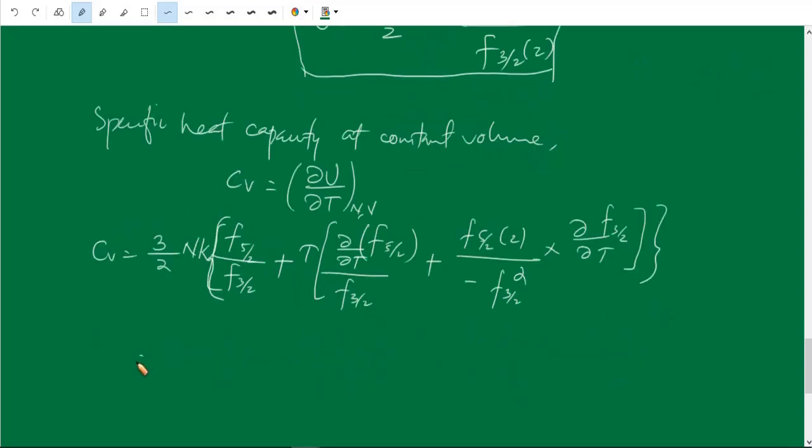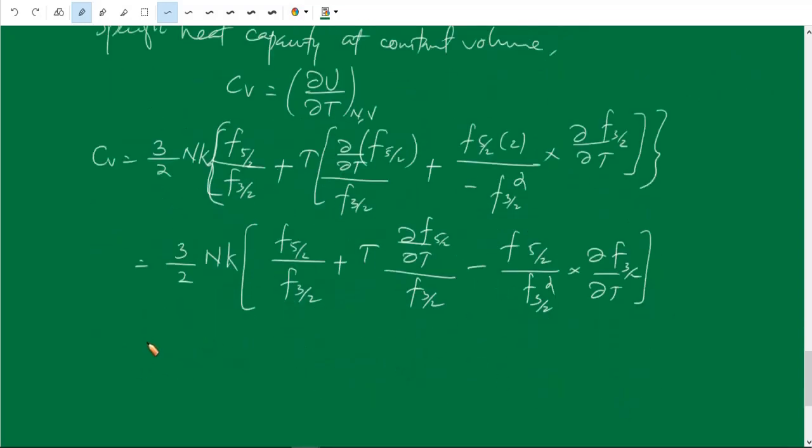So therefore we can write, now let us see what is ∂f_ν/∂t.